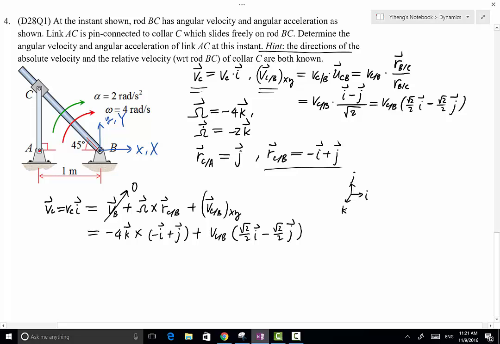So you roll your four fingers on your right hand from k to i, your thumb points to j. So two negative signs cancel each other out, so that is a positive j. K cross j equals negative i, but then we have another negative sign, so that is a positive i. Plus square root of 2 over 2 VC/B i minus square root of 2 over 2 VC/B j.